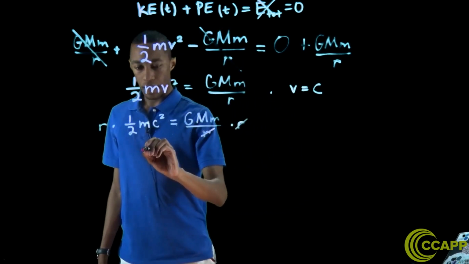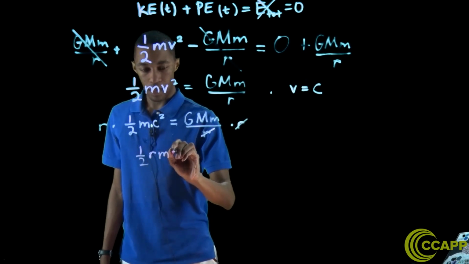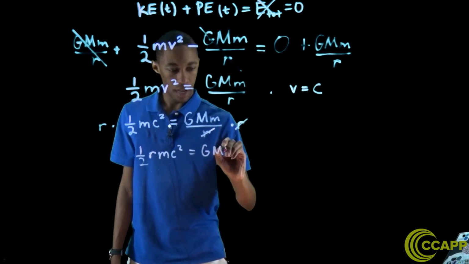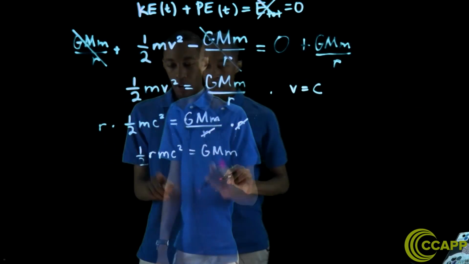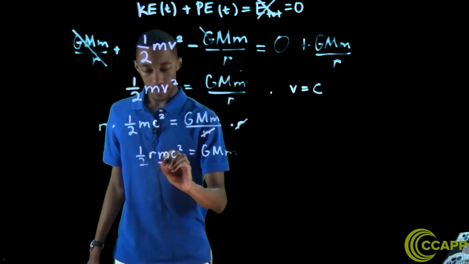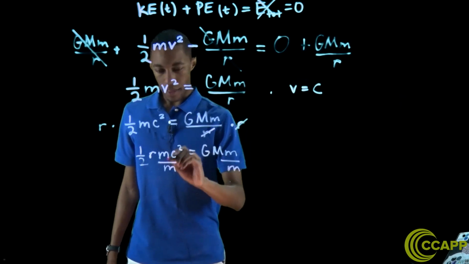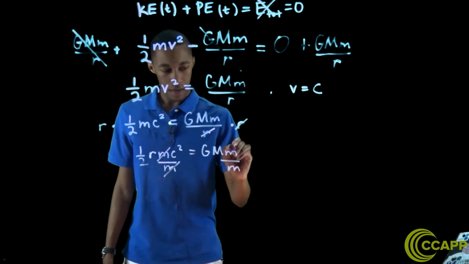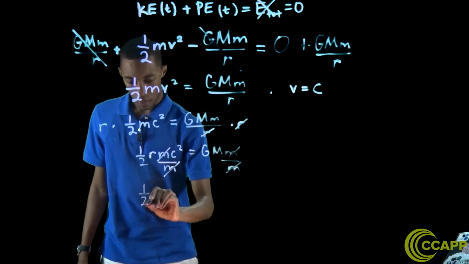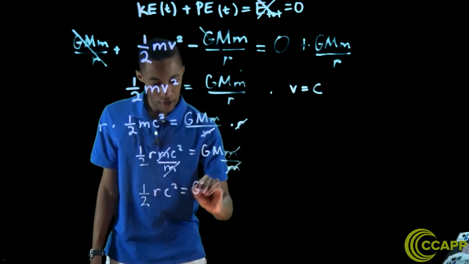And then I get 1/2 r times m c squared is equal to G big M little m. On both sides we have lowercase m, so I will divide each side by lowercase m, and they will cancel. So we get 1/2 rc squared is equal to G capital M.